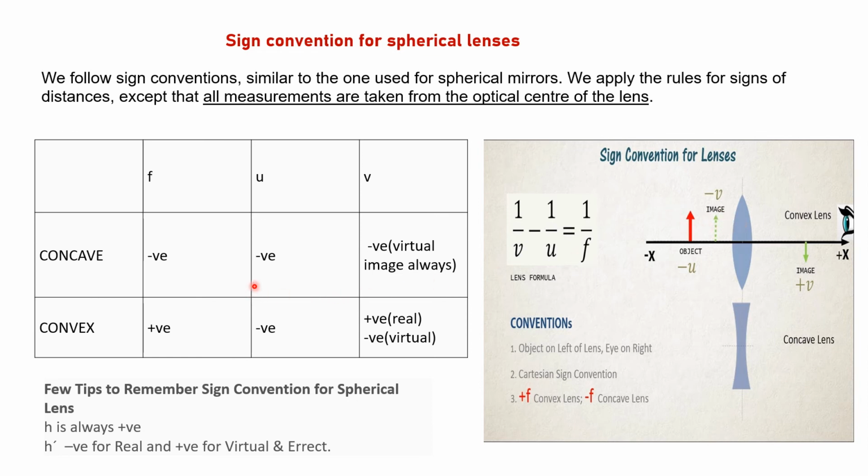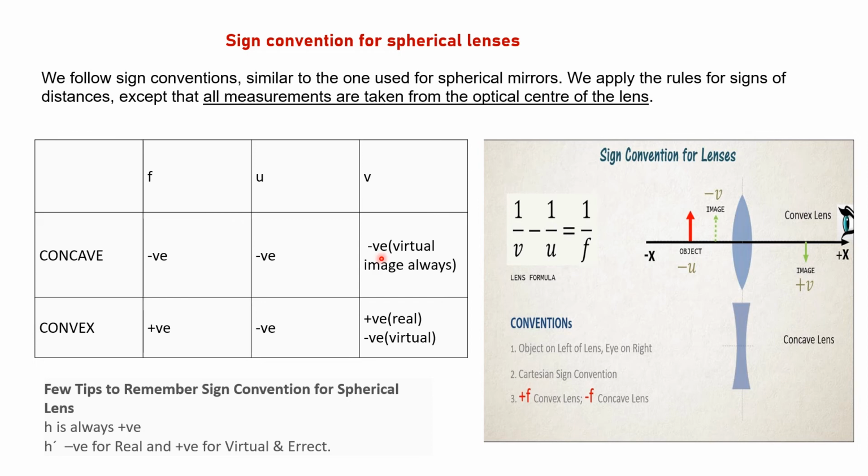So u is negative, always negative, even in case of mirror and in case of lenses. So there shouldn't be any confusion. Now in case of concave lens, v is the image distance, right? So the image was always formed on the left hand side, right?